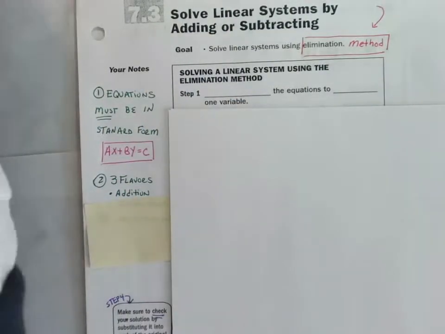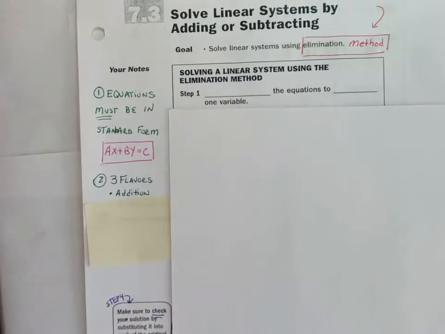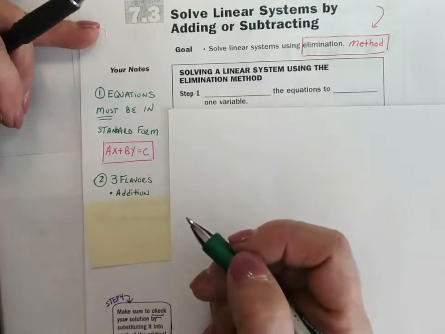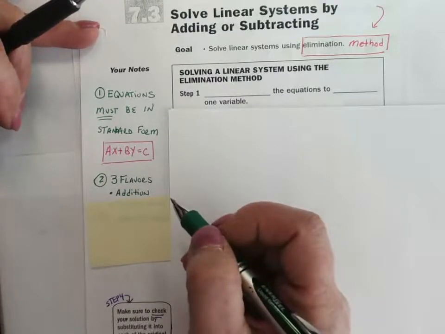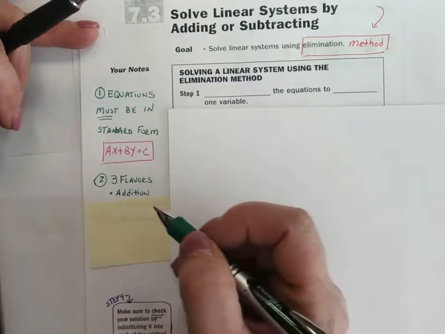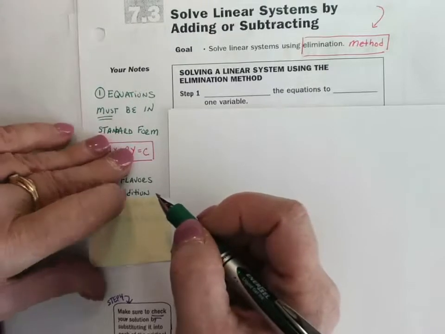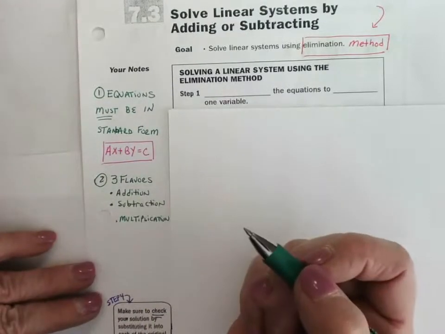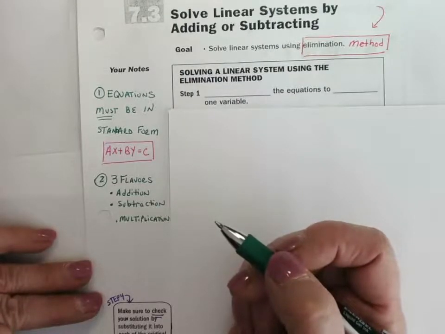Standard form is AX plus BY equals C. We're going to learn that there's 3 flavors. The first flavor is addition. The second flavor is going to be subtraction. And the third flavor, which we'll cover next class, is multiplication.